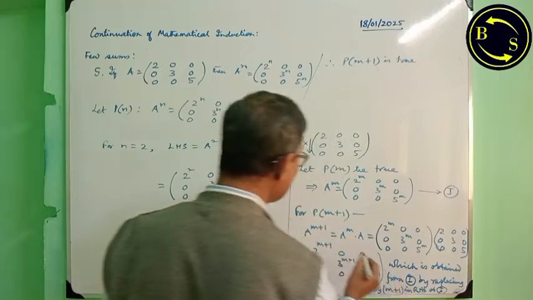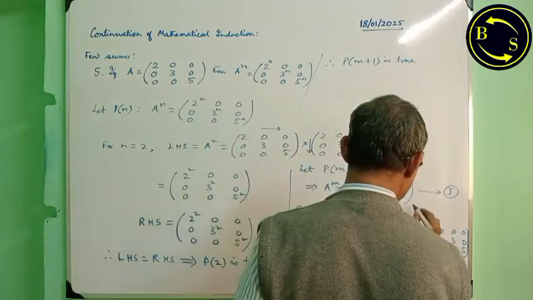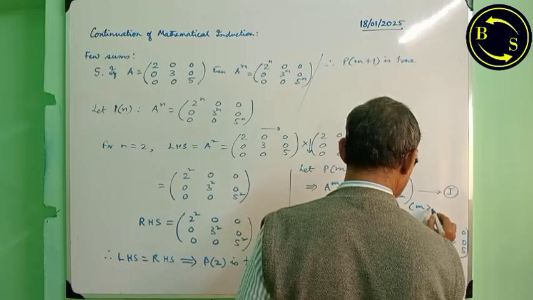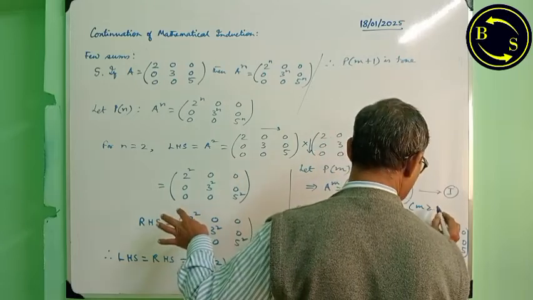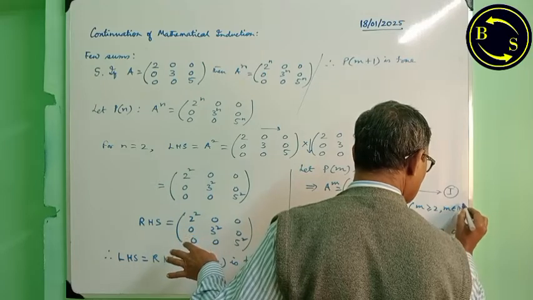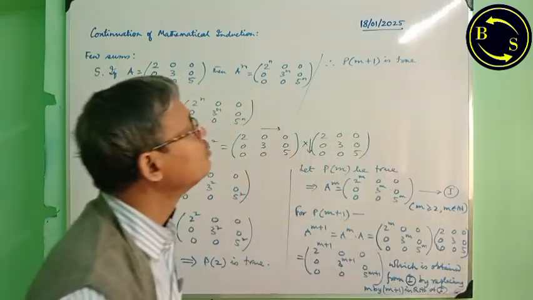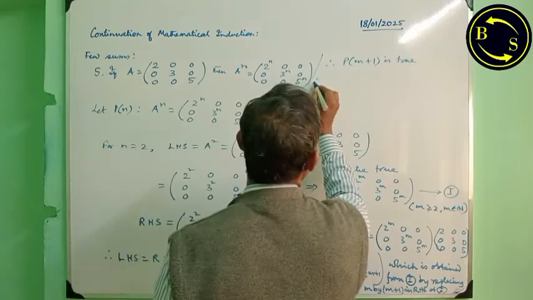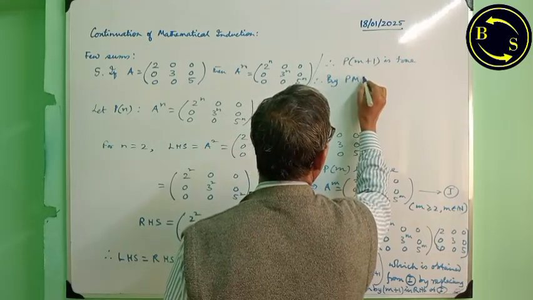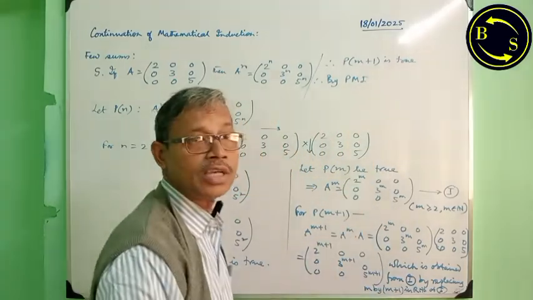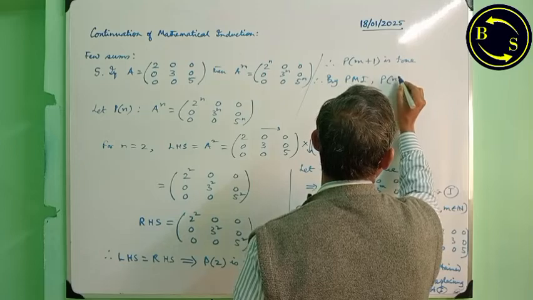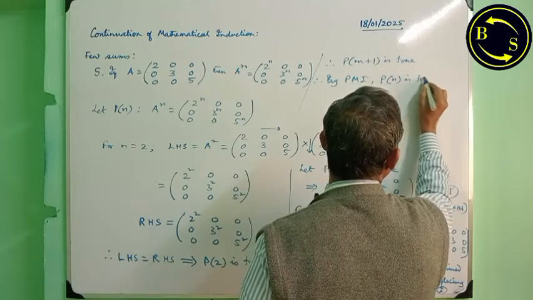And don't forget to mention here m greater than or equal to 2, m is natural number. Therefore, by PMI, principle of mathematical induction, in short, P(n) is true.